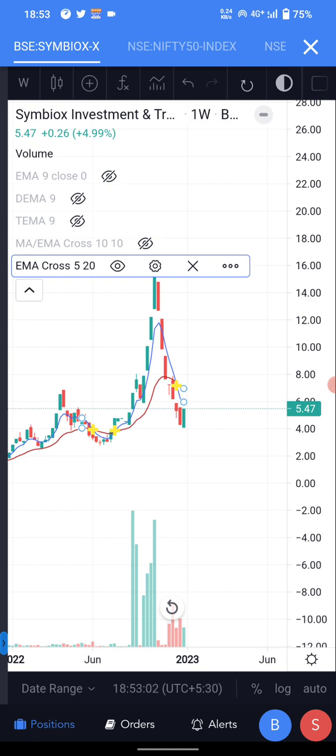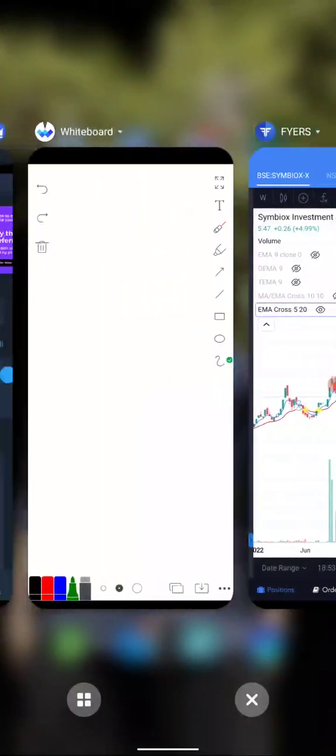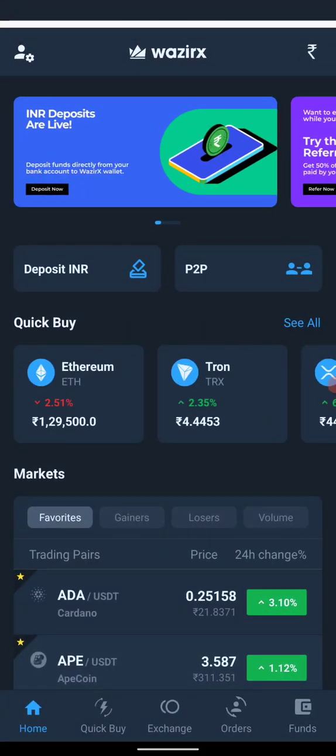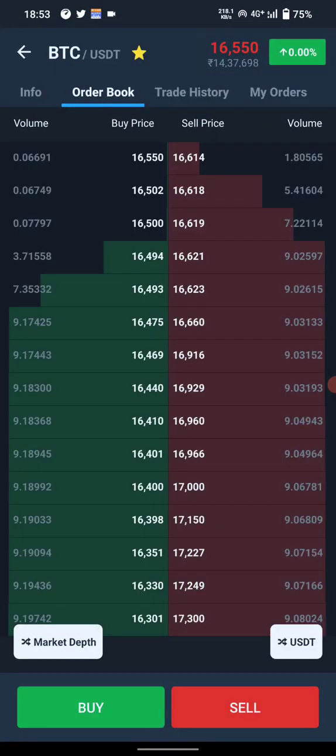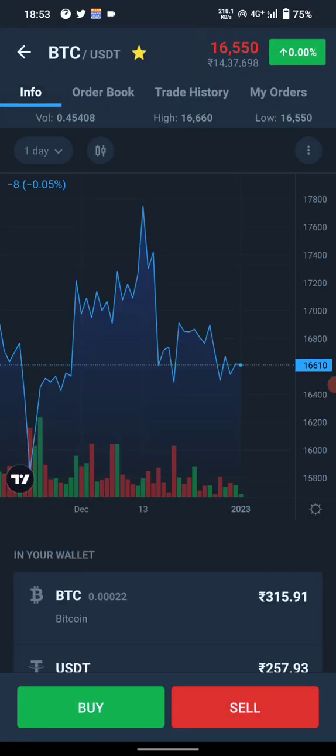and this is all about EMA and multiple types of EMAs in our daily life that we use. And also, if I go to WazirX also, you can apply the same. I'm taking BTC here for example.